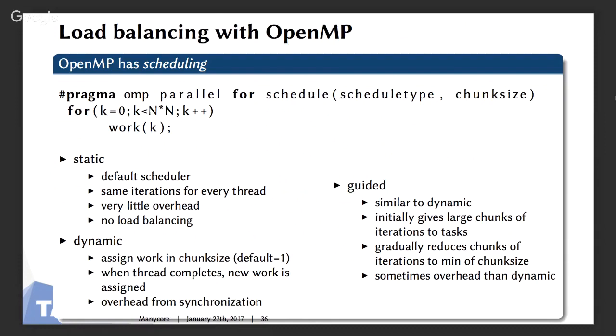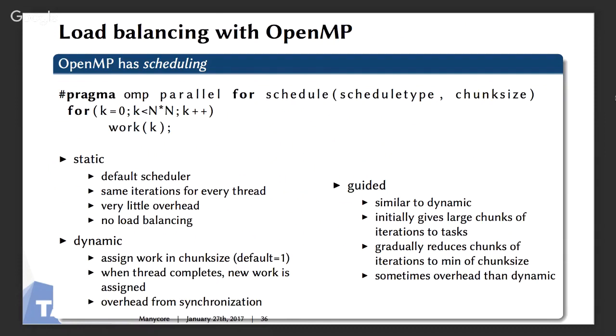You put that above a for loop with OpenMP, and it'll parallelize that loop for you. You can give it this additional modifier, the schedule function, and that'll determine how work gets divided and handed out to the tasks that are part of that loop.